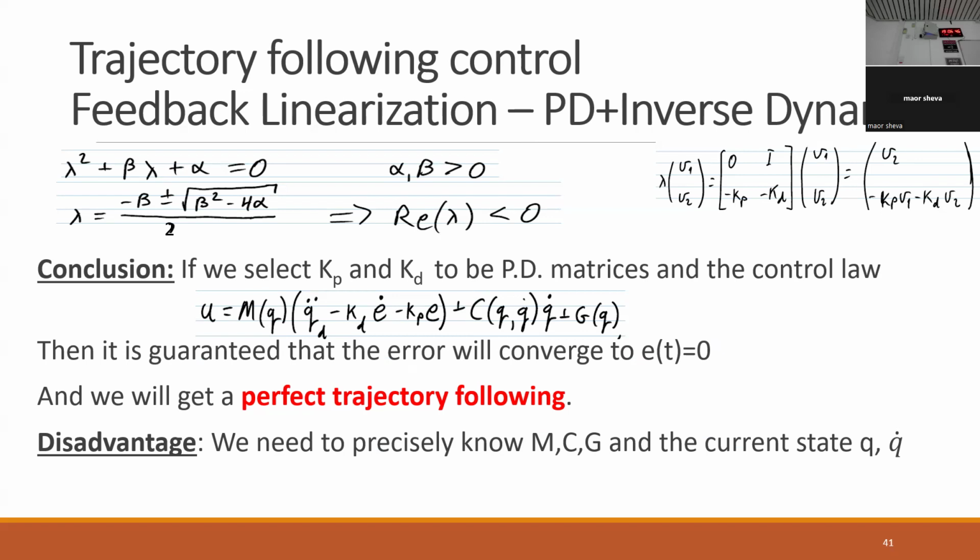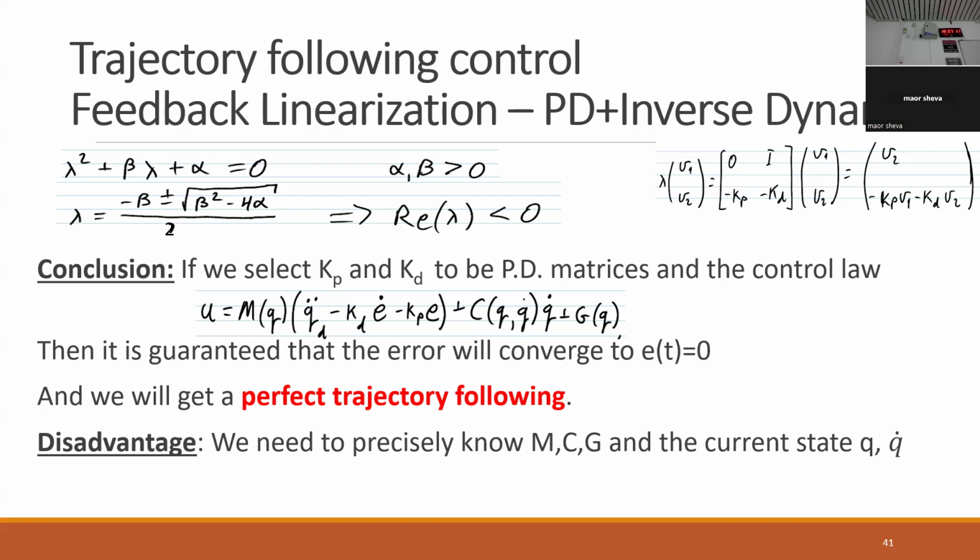But if this beta square minus 4 alpha is positive, then since alpha is positive, this will be smaller than beta square.